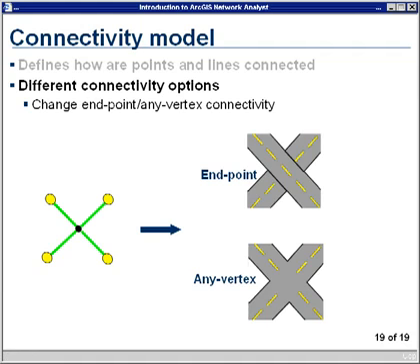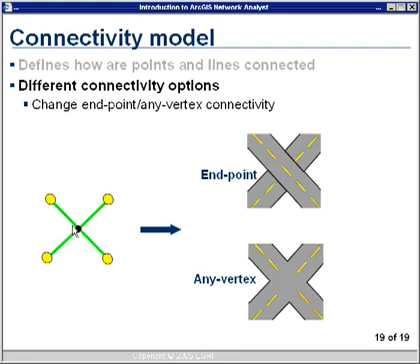There are different connectivity options that you can set depending on the format of your data. One connectivity option is to specify that connectivity is only established at endpoints of features. This may be preferred if the data is non-planarized and 2 lines may cross each other, but you do not want them to connect, like in an underpass-overpass situation. The alternative is to allow connectivity between vertices of features, similar to how complex edges in a geometric network work.